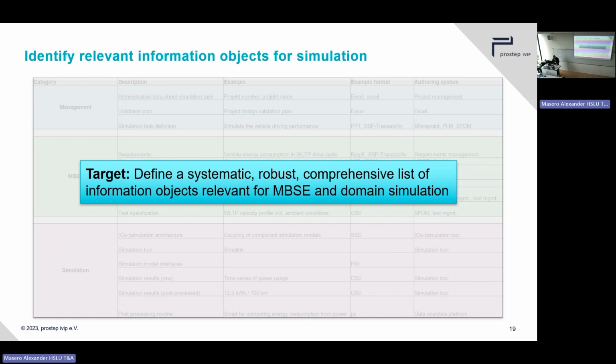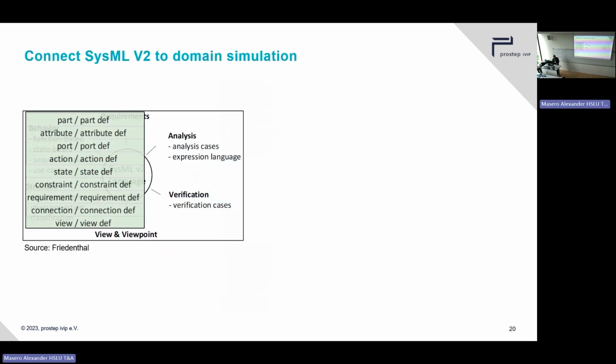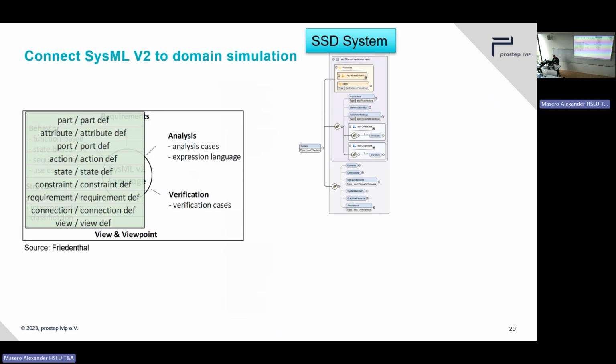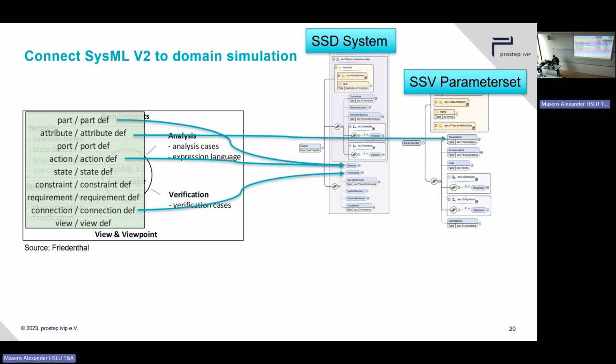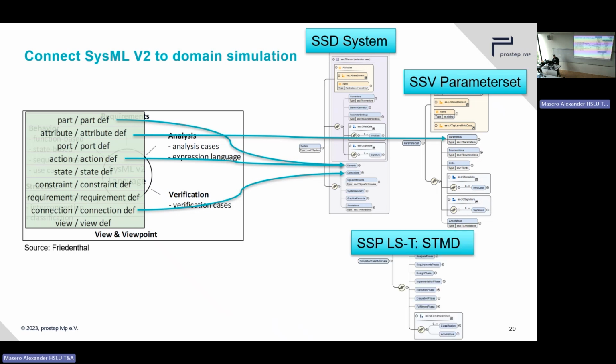But it very much comes in handy for the next step that we are planning, which is to define a systematic mapping between SysML v2 and the SSP traceability standard. Because you might have heard of SysML v2, it's the hot stuff within the MBSE community right now. It's the big thing that's going to be industrialized within the next couple of years.